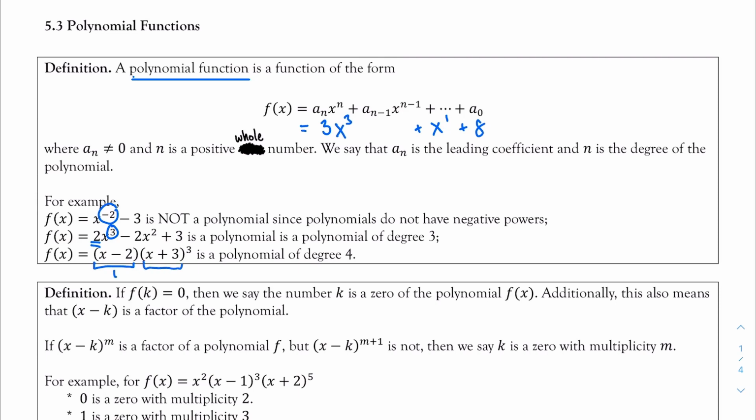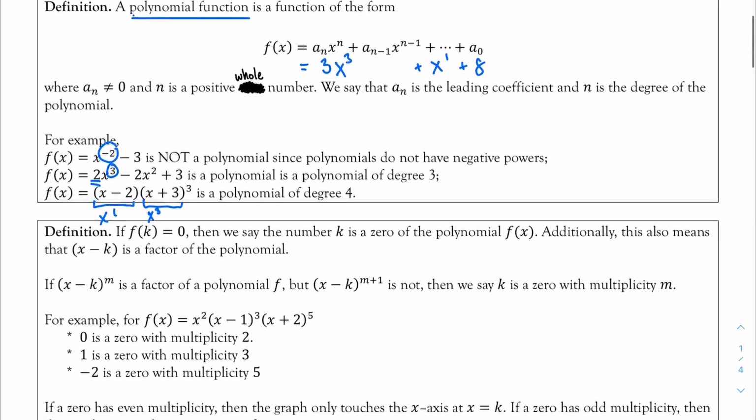From this second term, if I were to multiply all of this out, I would end up with x cubed plus some other stuff here and there. So if I multiply an x to the 1 power and an x to the 3rd, I would end up with x to the 4th plus some other things. Again, for my degree, I'm only looking at the highest power after it's in the polynomial form. And if you're curious, the leading coefficient of this one will end up being 1 as well.